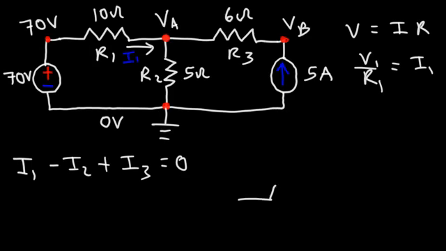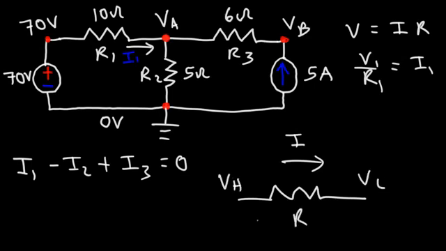Now, just to review, current always flows from a high electric potential to a low electric potential. So to calculate the current in a resistor, it's going to be VH minus VL.